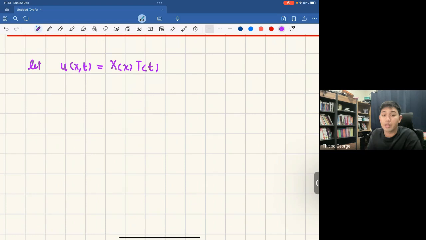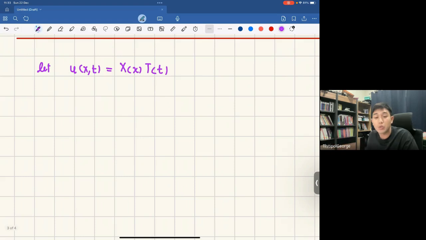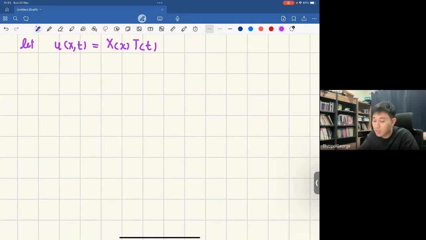So let me separate into x and t separately, and then you substitute this back into the heat equation. Your heat equation can be written as ∂u/∂t equals alpha, the thermal diffusivity, times ∂²u/∂x².